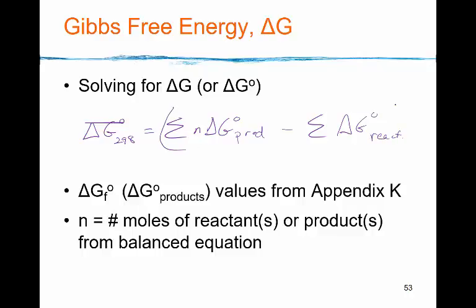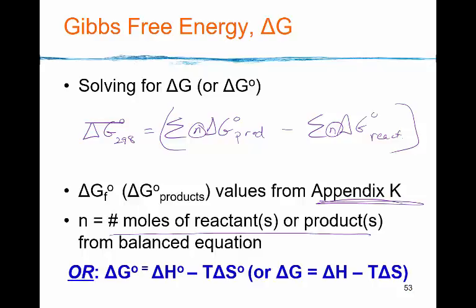Now, by now you should be getting pretty good at this, right? So the delta Gf is that delta G of formation. We're going to get that number from Appendix K, and it's there for all of our compounds that we've been looking at so far, and it'll be there for these. Notice I've got an n here. n is the number of moles of reactant or product from the balanced equation, right?